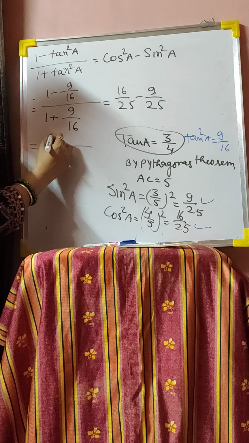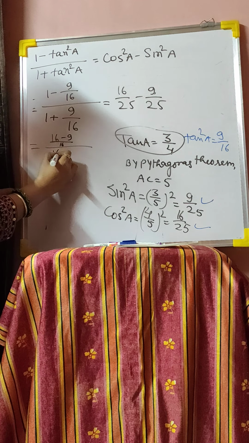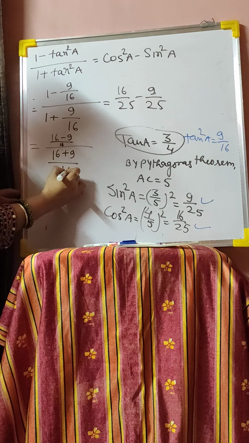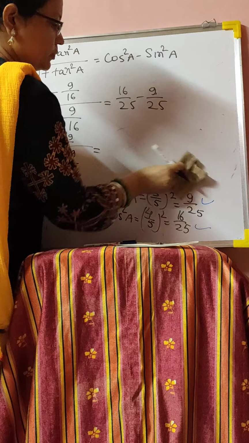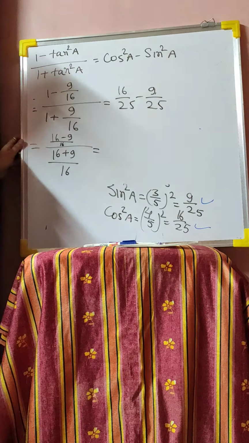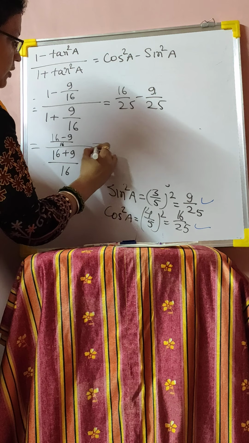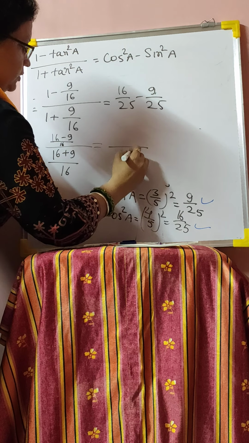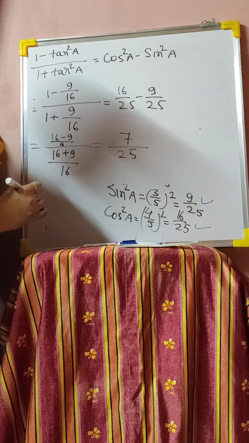Now we will see. Here we get 16 minus 9 by 16 divided by 16 plus 9 by 16, which is equal to 7 by 25.